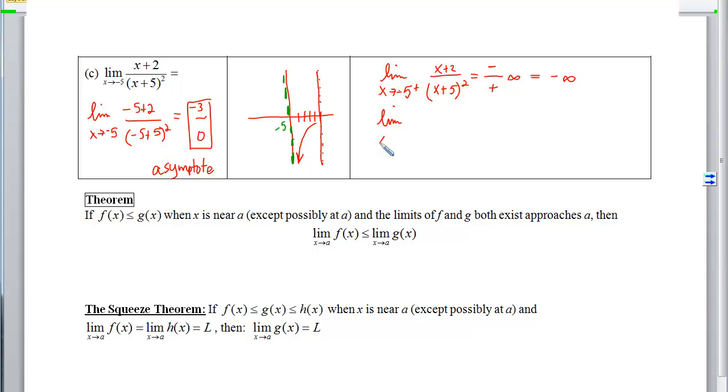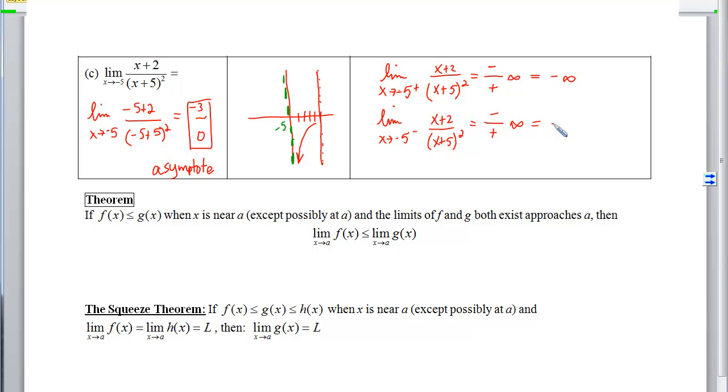If I look at that limit as I'm approaching -5 from the left-hand side now, then on the top I'll be approaching that same -3, and on the bottom I will be approaching 0, but it will be 0 from the left-hand side, because plugging something smaller than -5 would be like a -5.1 plus 5, which gives me a negative number, but then I square the negative and end up positive.